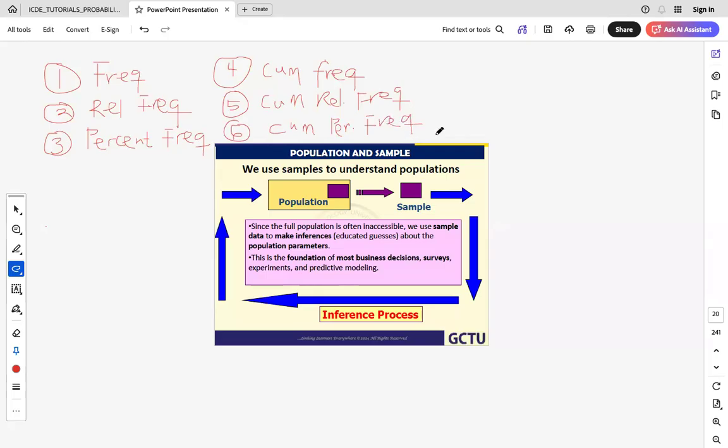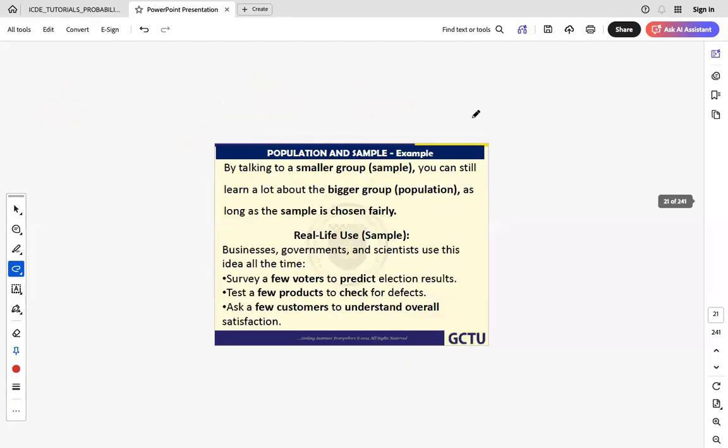So in the final analysis, we put all of them in a table, and this is what the arrangement will be. We draw a line from end to end, a long line like this. And then when we start our table, we'll start our first column with our class intervals.